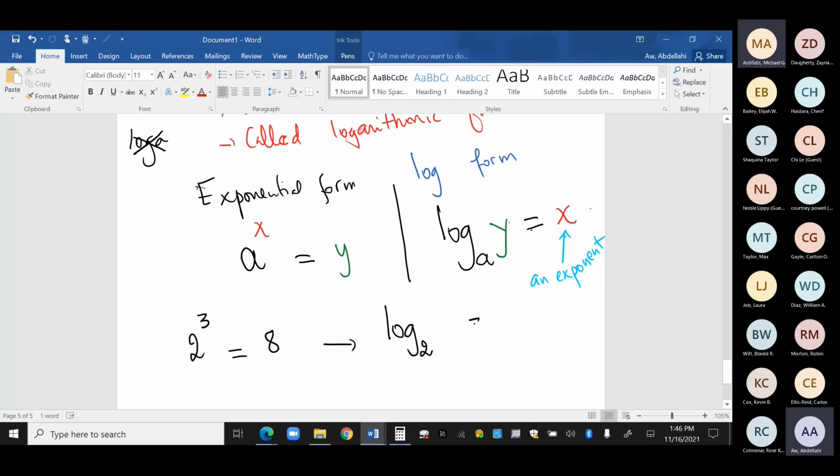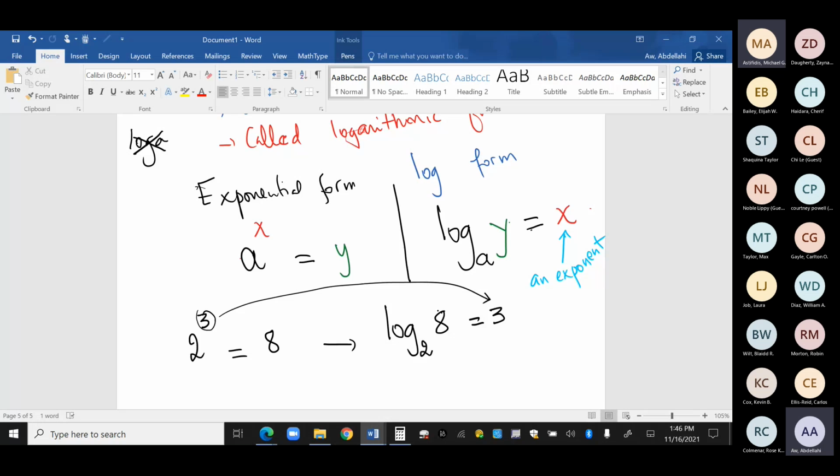What is the exponent? 3. So the exponent will be the output for the log, always. And it's going to be 8 here. There is no confusion about who is the base. The base is always the number we are raising to the power.